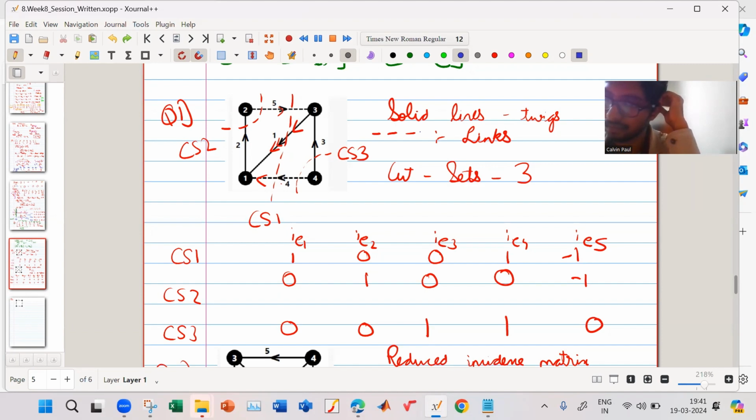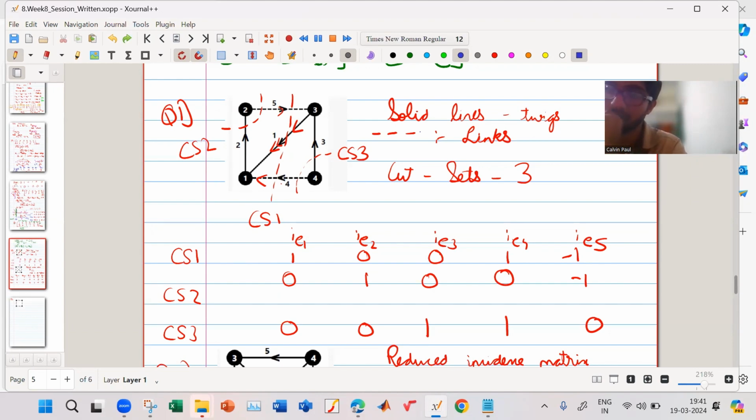So like in the question, they will give you the numbering, which is cut set 1, which is 2, which is 3. Then you have to follow the ascending order. First you do cut set 1, then cut set 2, then cut set 3. In case your 1, 2, 3 were your links and 4 and 5 were your twigs, then you should have done cut set 4 first, then cut set 5.